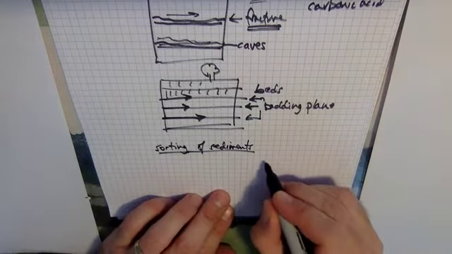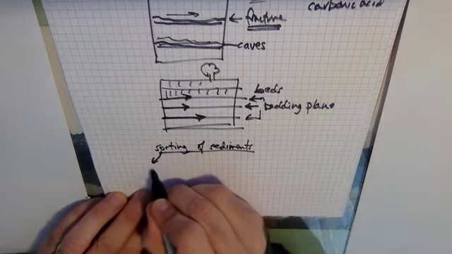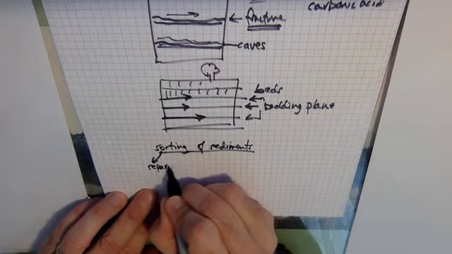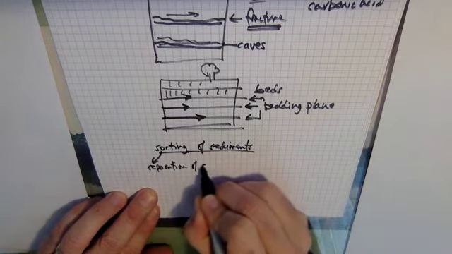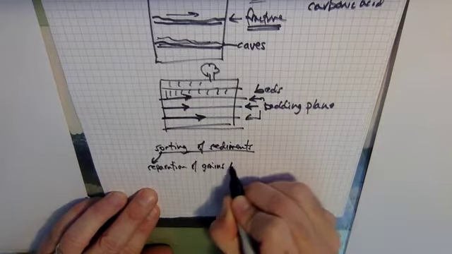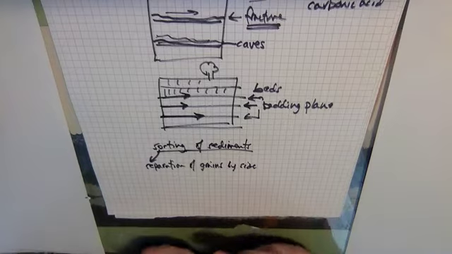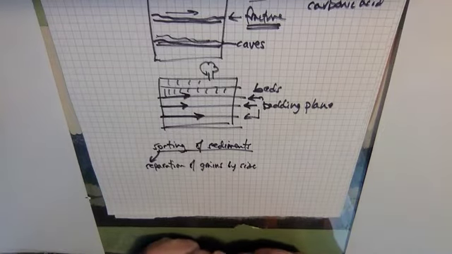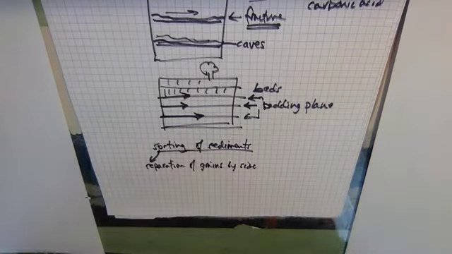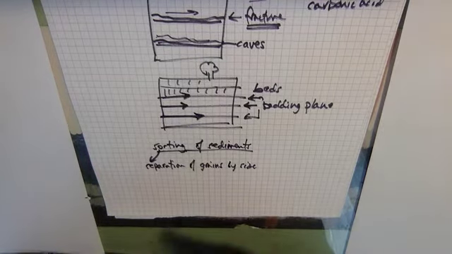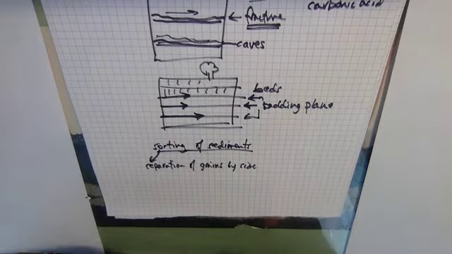So what is sorting? Well, sorting is the separation of grains by size, right? If you were ever to go to a river and reach down and pick up the sediments at the bottom of the river, you'd probably find little bits, small rocks and little rocks and big rocks and medium rocks and all stuff in between.